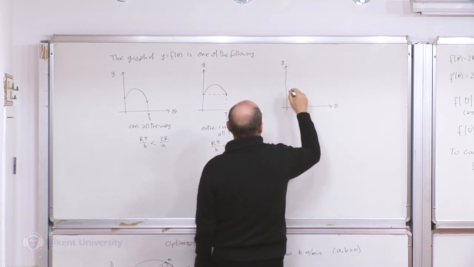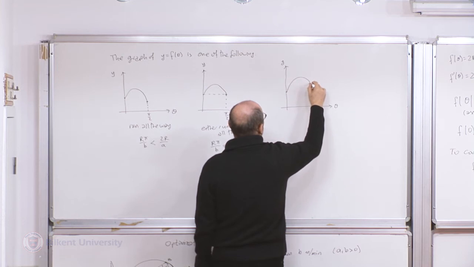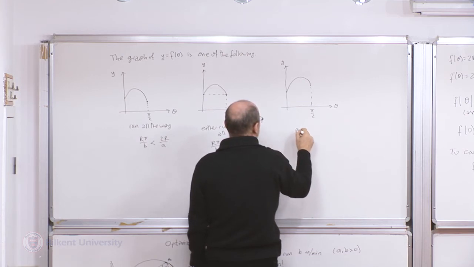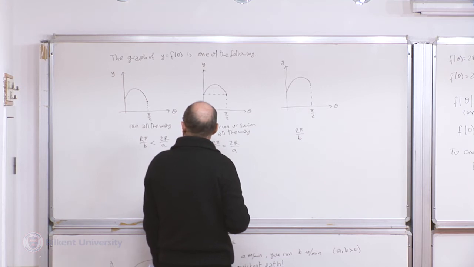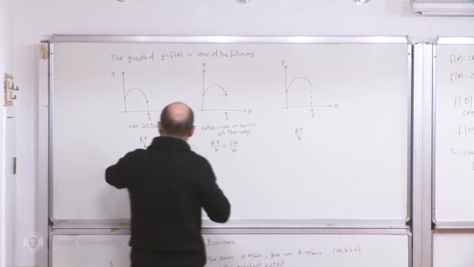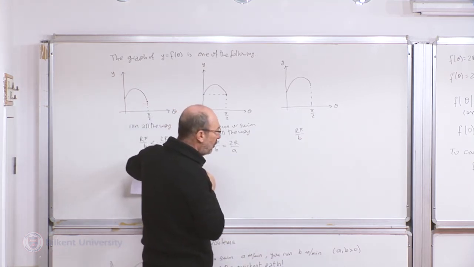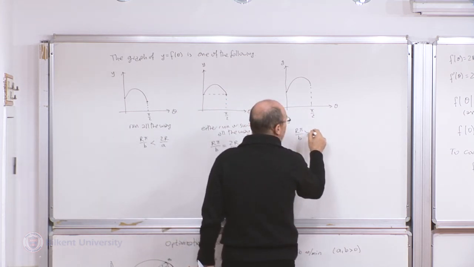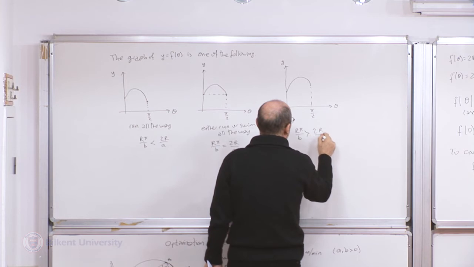Or theta. So now it starts from this part, and now it goes like this. This is again pi over 2. So this is when r pi over b, the endpoint, is larger than 2r over a.